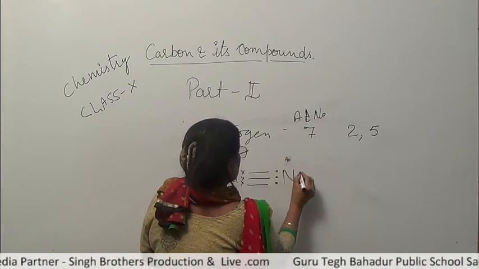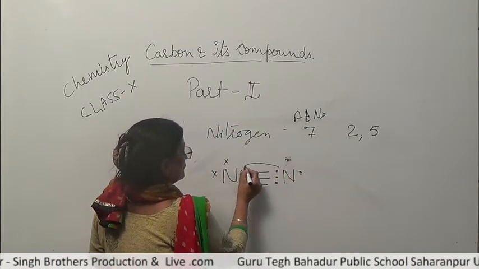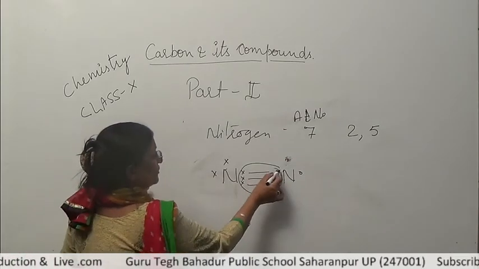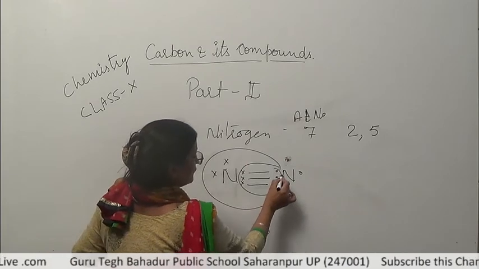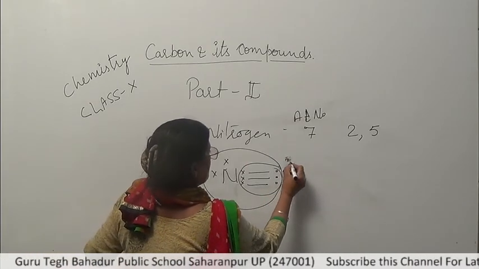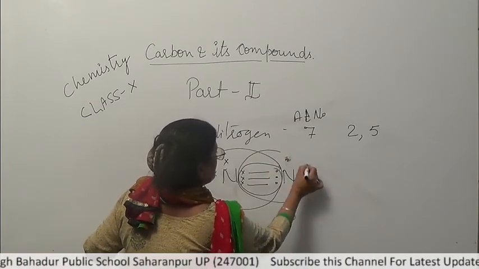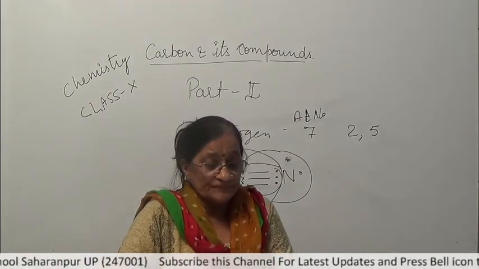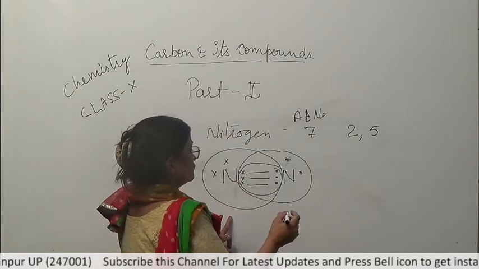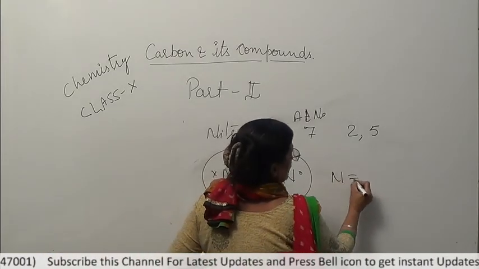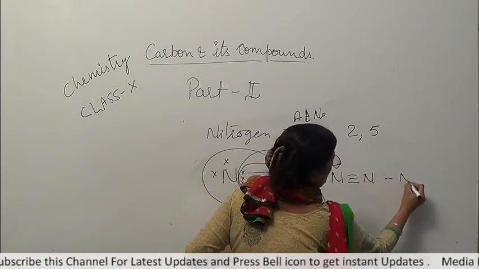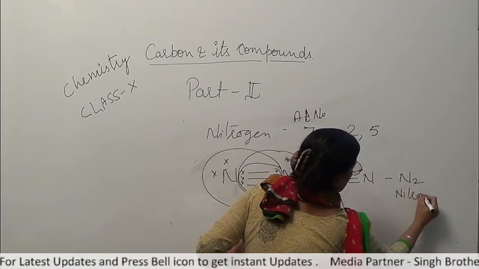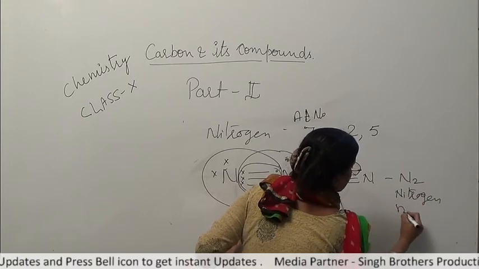When a triple bond is formed, they share like that. So this is the case of nitrogen, and nitrogen forms a triple bond to form the nitrogen molecule.